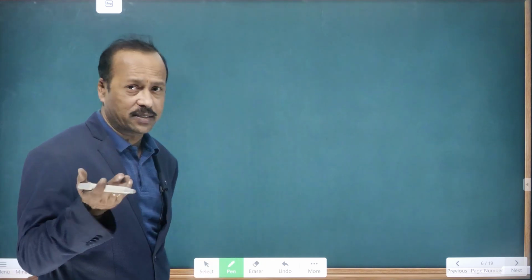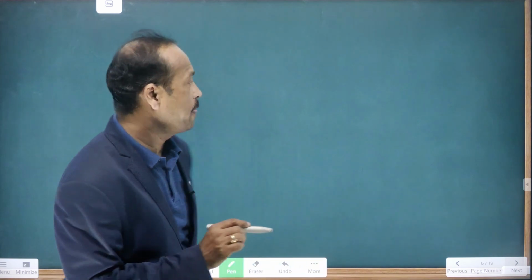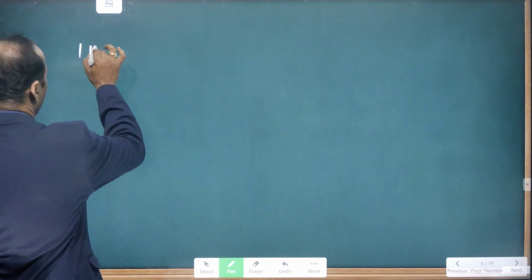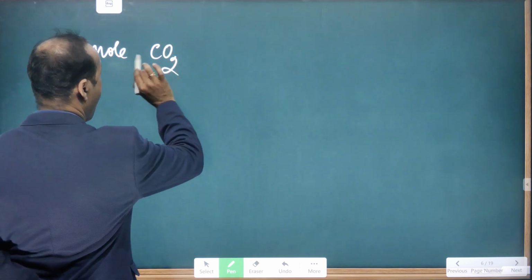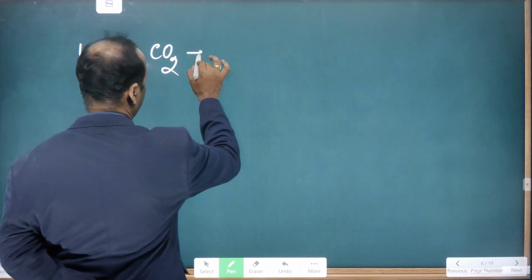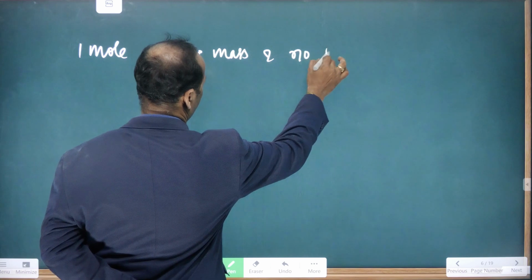Now, for example, if I ask you, what is the weight in grams of 1 mole of carbon dioxide? So 1 mole of carbon dioxide, CO2. I want its mass and number of molecules.